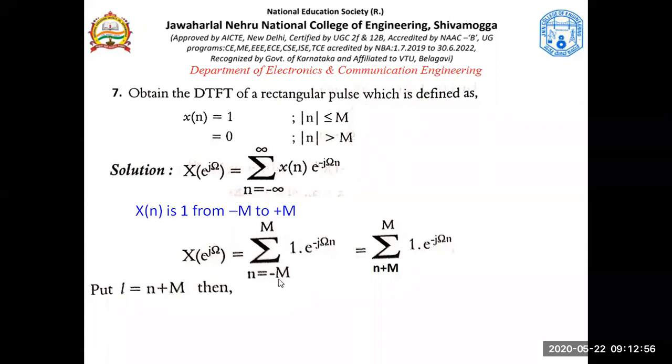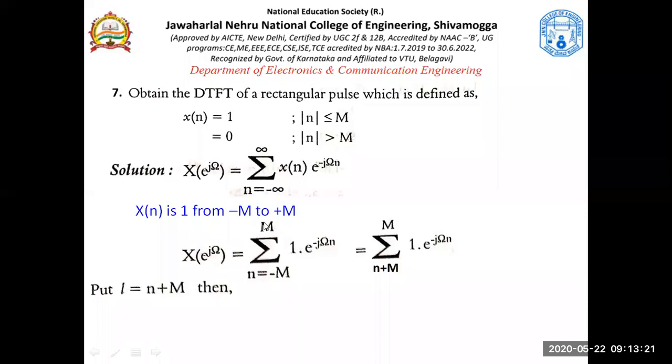But if you want this to be 0, you're pushing it further. You're pushing it further from where to where? If I want this lower limit to be 0, from minus m you have to come to 0. That means m times you are shifting right. When you shift to the right m times, what should this upper limit be?